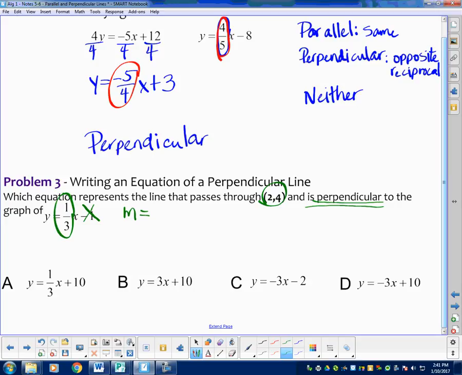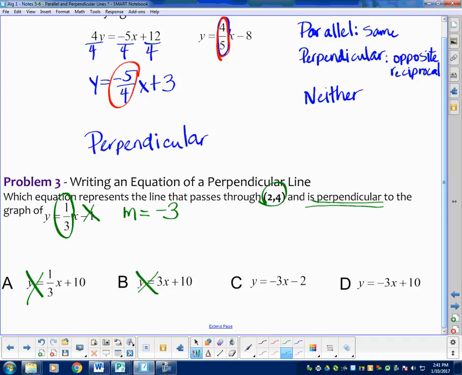What's my new slope going to be if I change this? Negative 3 over 1, which we can just say is negative 3. Okay, so that takes 2 options out down here.